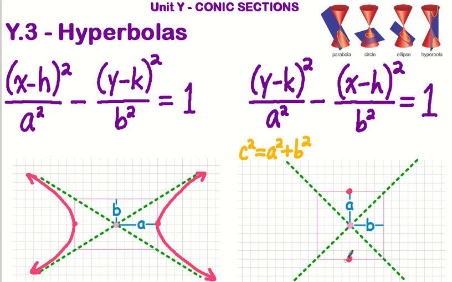So when your y term is the positive term, just a basic sketch, forgive me, this is not great. But you get the idea. The hyperbola for this version is going to be opening up and down.